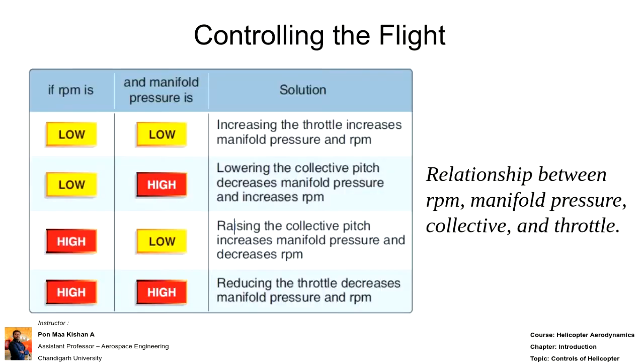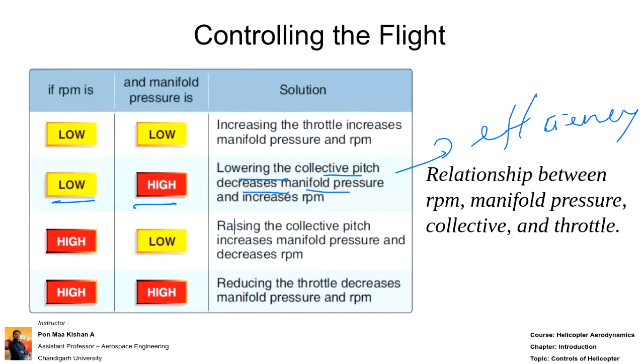Okay, so let's read about that second RPM condition. When RPM is low and your manifold pressure is high, in order to maintain efficiency, one of the solutions is that the pilot has to lower the collective pitch control and decrease the manifold pressure.